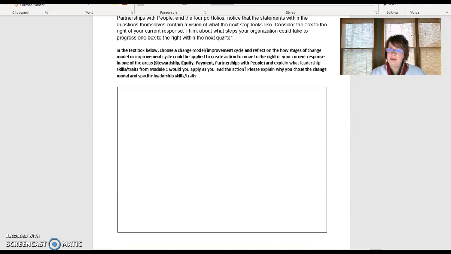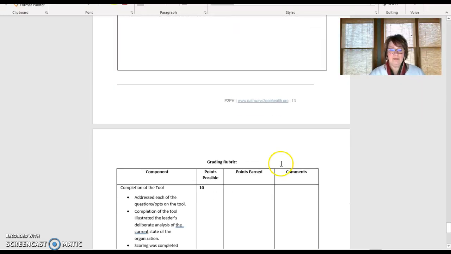Just really think about what you found in your assessment, and think about the leadership skills that you would apply as you were looking at some of the findings and reflect on how those stages of change or your improvement cycle could be applied to create action to move in the right direction based on what you identified as something to work on.